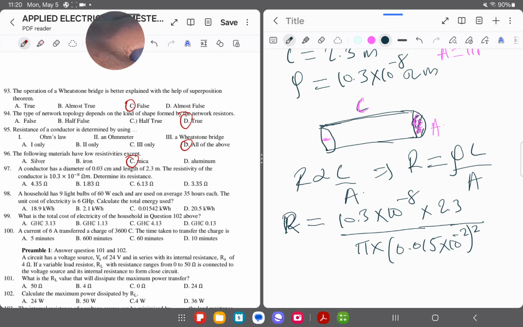Okay, so we have to get this squared. I encounter a problem here. I can use this, then divide it by it again.